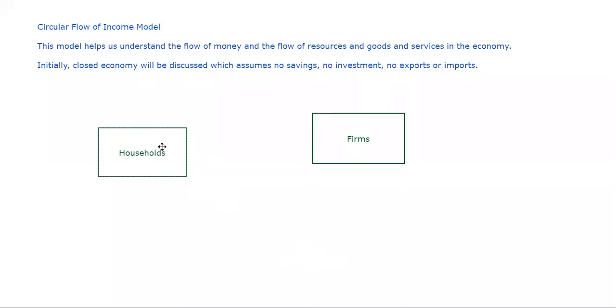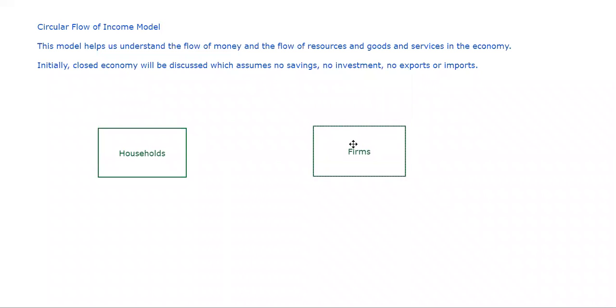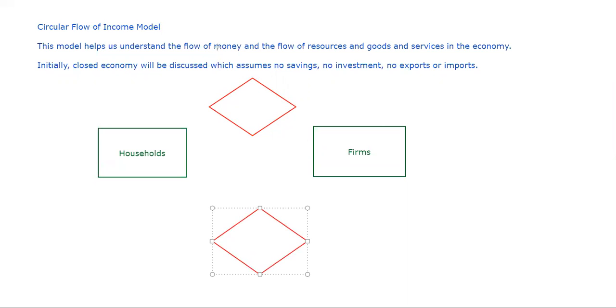Let me just make a little space for drawing the markets on top. So these two participants interact with each other via two markets. One market is called the goods market, and the other market is called the resources market. So let's give them a name. This is goods market. And this is resources market.